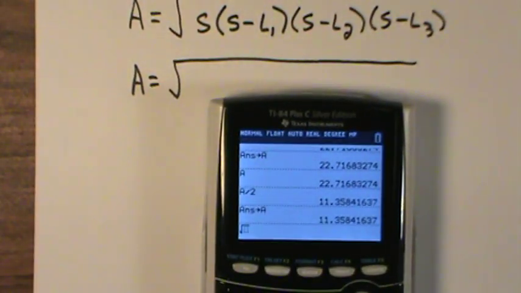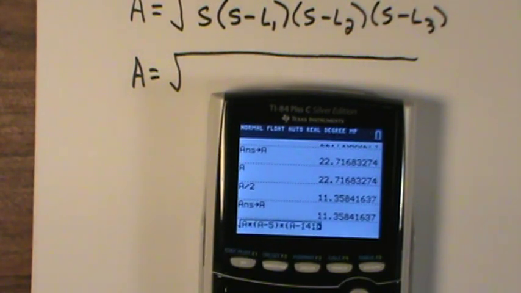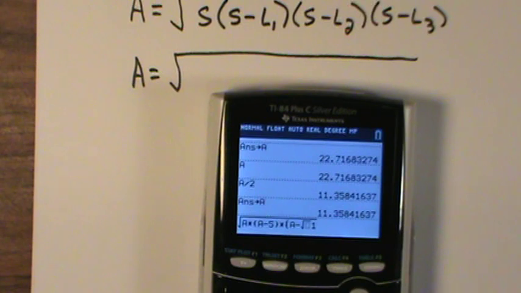So I'm going to say alpha A times, now I do my parenthesis, alpha A minus the first length, which was just that number 5, times the semi-perimeter, alpha A, forgot to put a parenthesis there, alpha A minus the second length, which was square root 41, and then I'm going to multiply by alpha A minus the square root of 128.